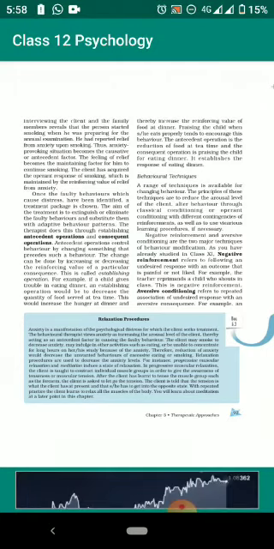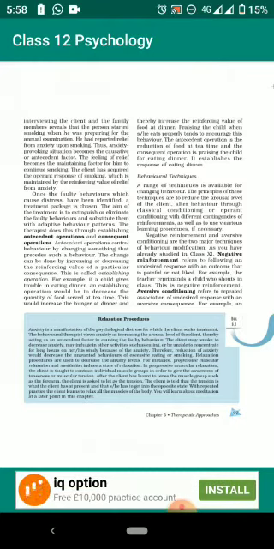The therapist relaxes the client and asks the client to think of the least anxiety provoking situation. The client is asked to stop thinking of the fearful situation if the slightest tension is felt.